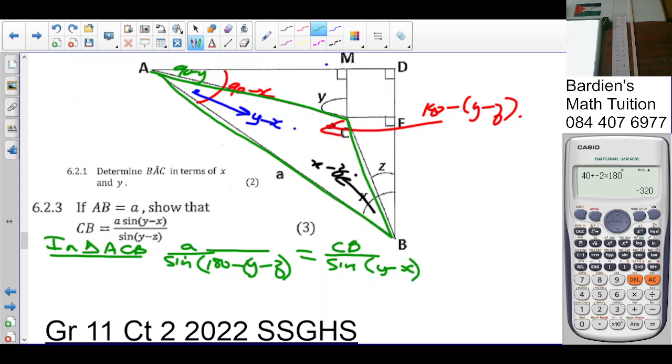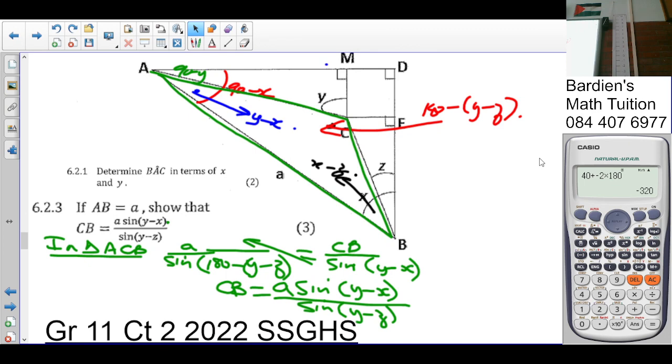Okay? We want to make CB the subject of the formula, so take it up. So CB is equal to a sine (y minus x), which we do have there, over sine (y minus z). 180 minus, second quadrant, sine is positive, sine (y minus z). So they got exactly what they wanted.